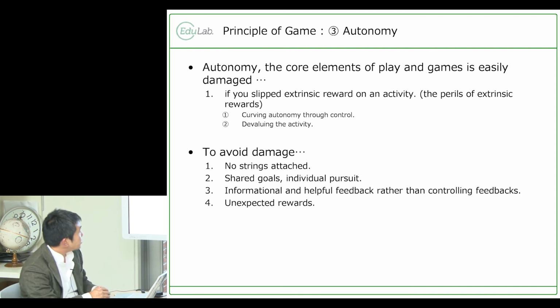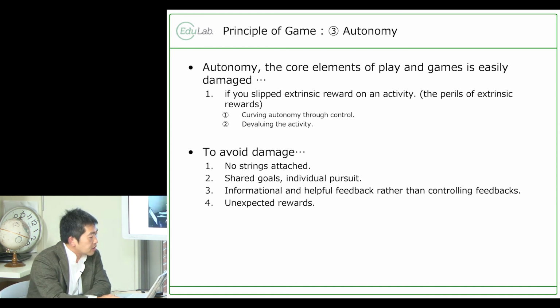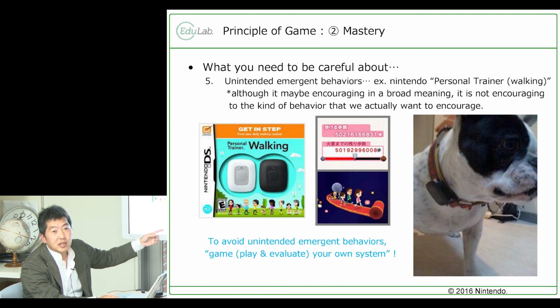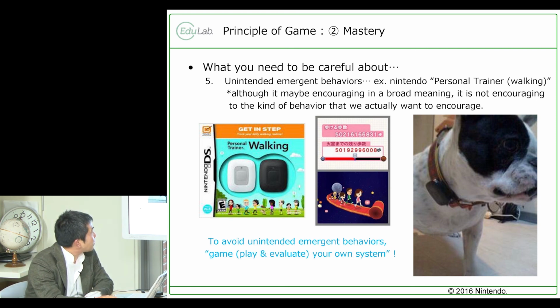Also, shared goals and individual pursuit are another great way to avoid this damage, because there are friends there. You want to quit, but there are friends there. But you also don't want to find out that your friend was a dog, right? So this is where avoiding cheating comes in.